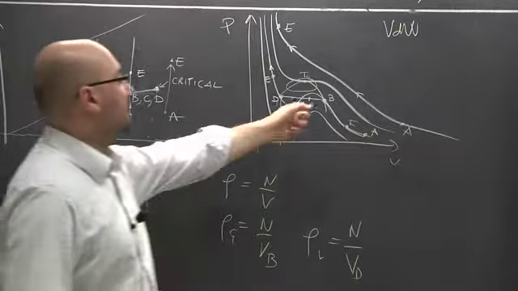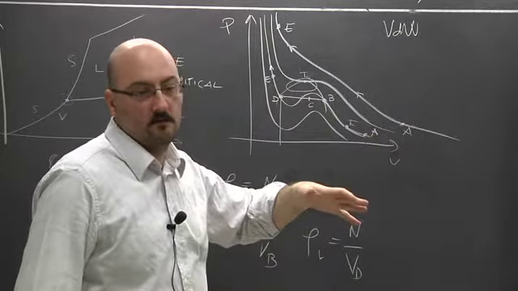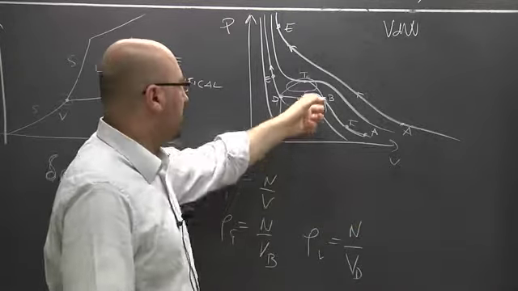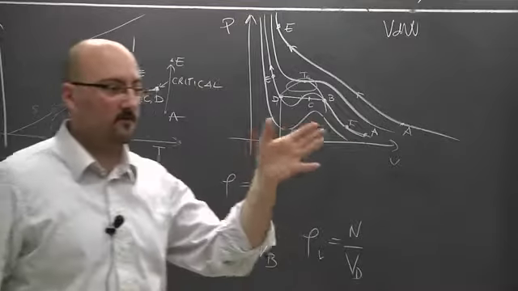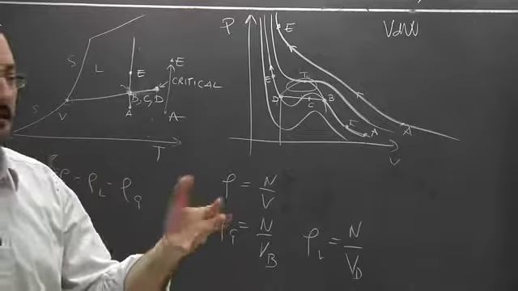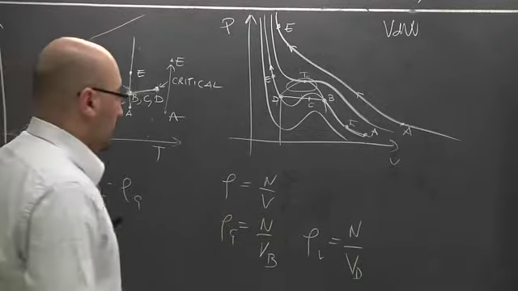Because if I look at VC, it's part gas and part liquid. If I don't know which percentage is gas and which percentage is liquid, I cannot get the density of the gas and the density of the liquid.